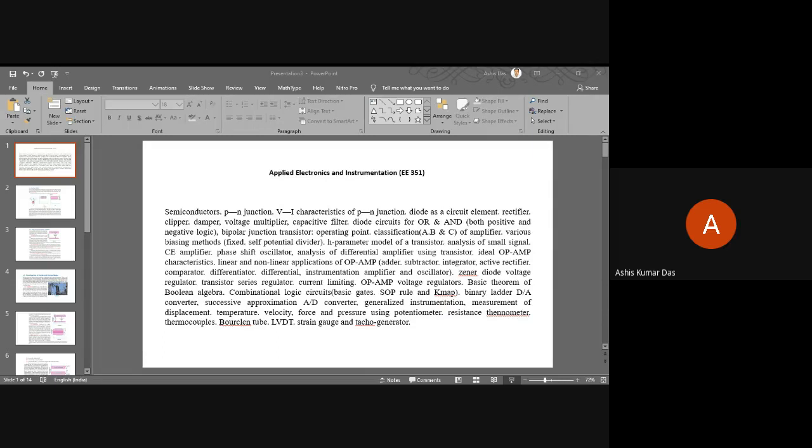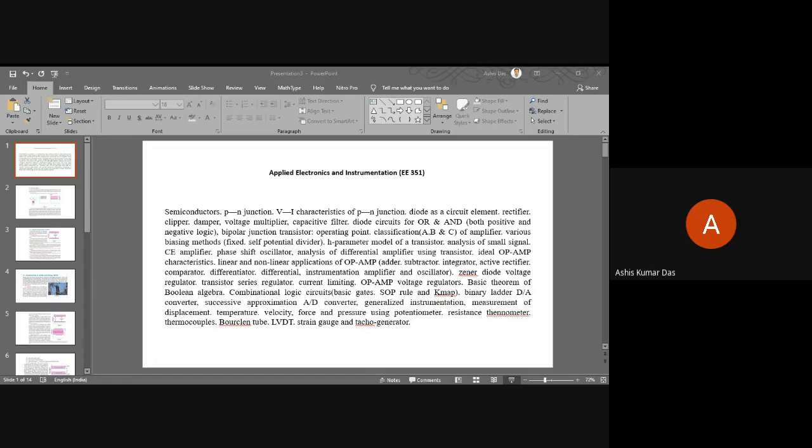Then we are going to get another topic, the differential amplifier. Again, we are going to build the differential amplifier using these transistors, meaning bipolar junction transistors. Then we are going to get some idea about the operational amplifier, written as OPAMP, the abbreviation of operational amplifier.